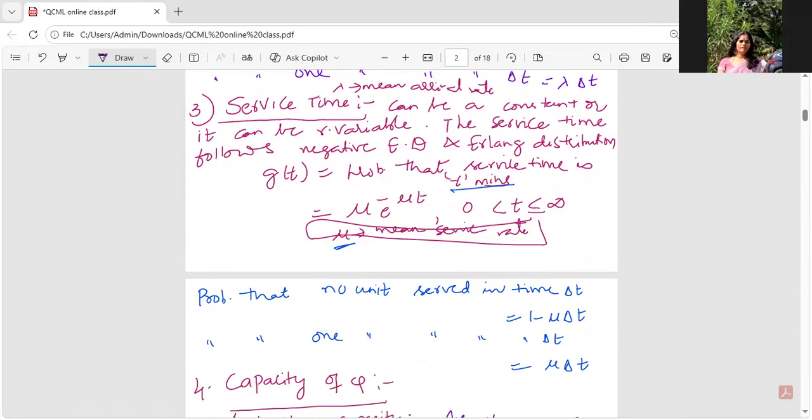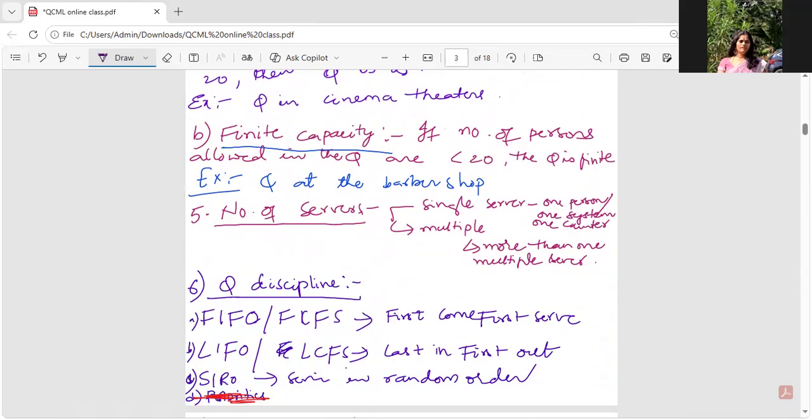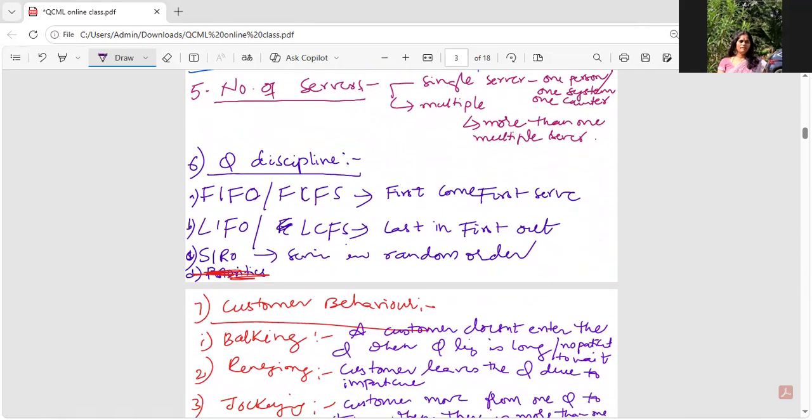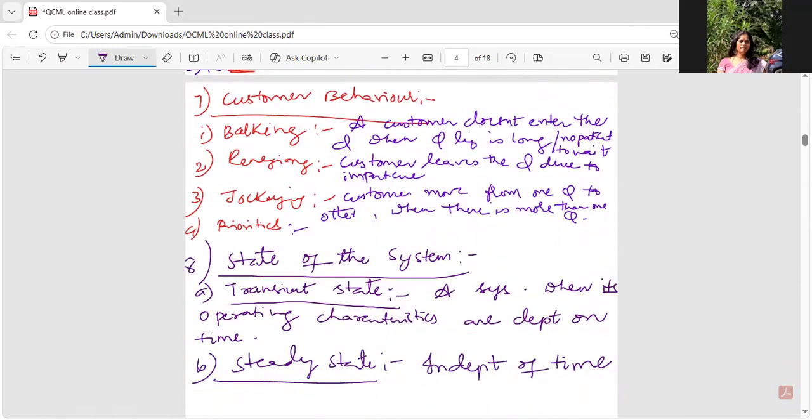Next, the fourth point would be the capacity of the queue, finite or infinite capacity. Fifth point would be the number of servers, single or multiple server. Sixth point would be the queue discipline: first in first out, last in first out, service in random order. Next is the customer behavior: balking, reneging, and jockeying.